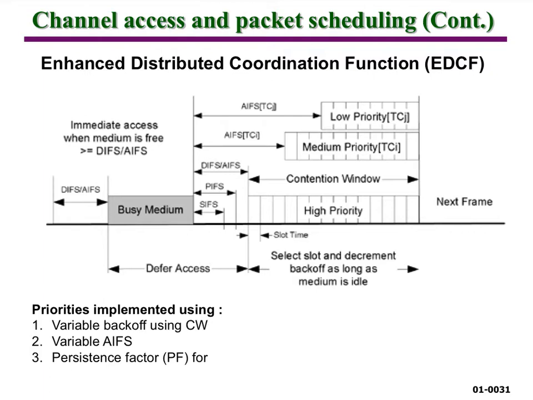So the contention window is the window within which I generate a random number, and based on this random number, I decide how long to wait before I try to sense the channel again to see if the channel is idle. So if this random number happens to be shorter for one node versus the other, this node will gain access to the medium before the other node.